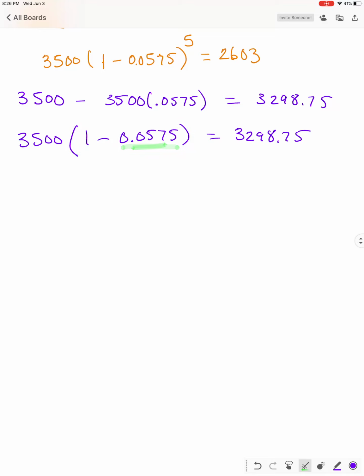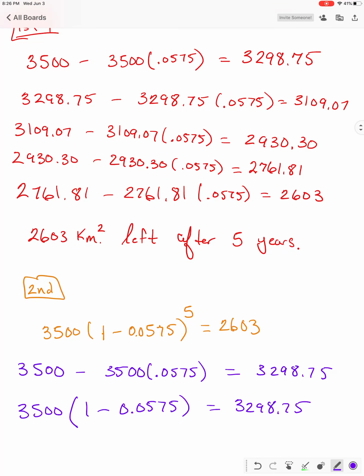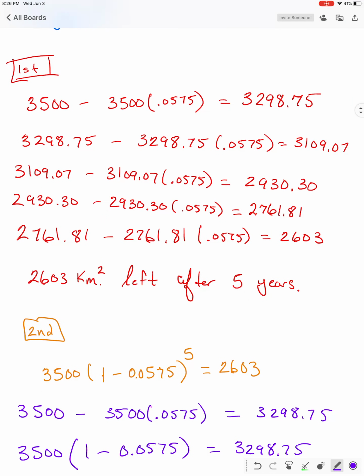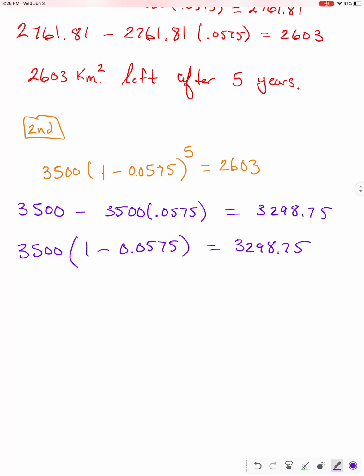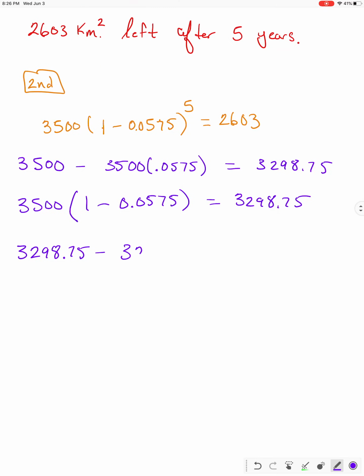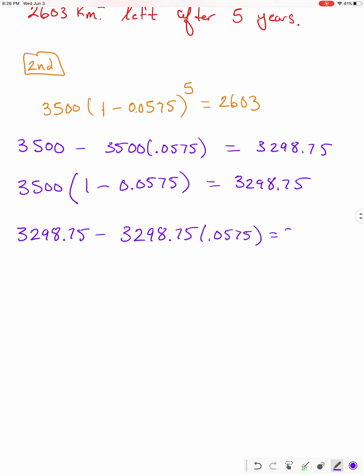Then let's look at the second line of what we did up above here. 3,298.75 minus 3,298.75 times 0.0575. That was equal to 3,109.07.